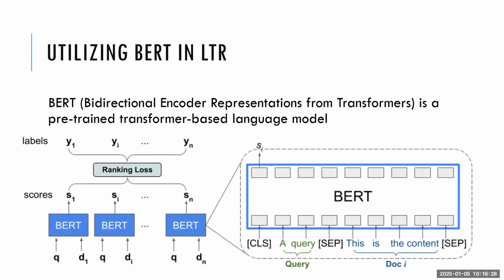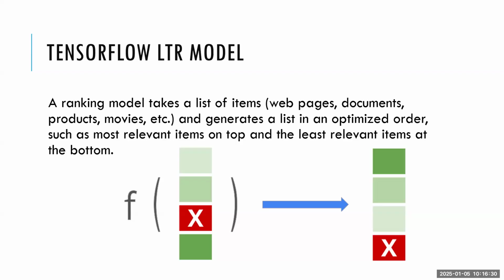So for this particular method, the interesting part is that your ranking will take many documents, right? So it's basically QD1, QD2, QD3, and then QD4, right?